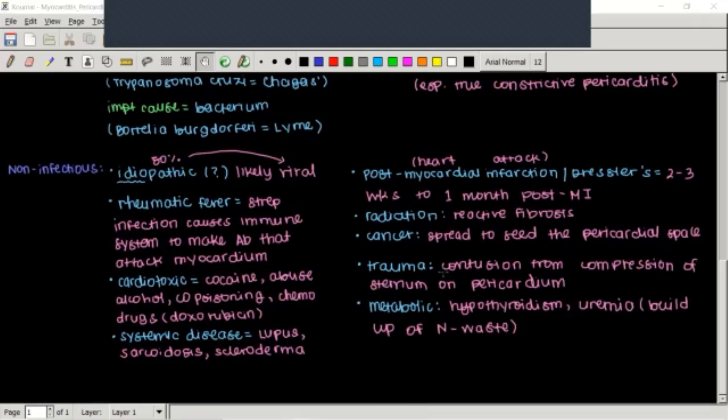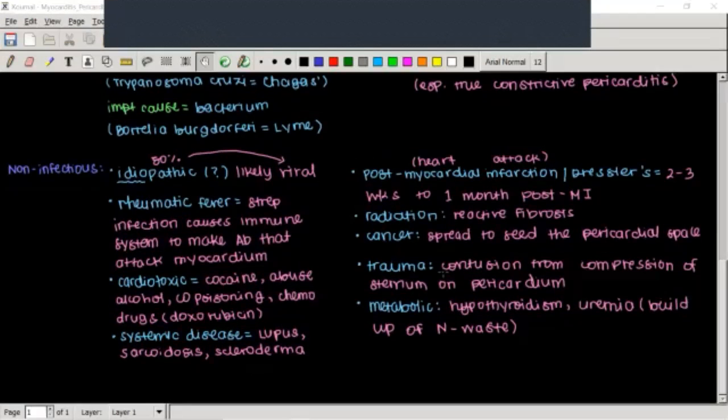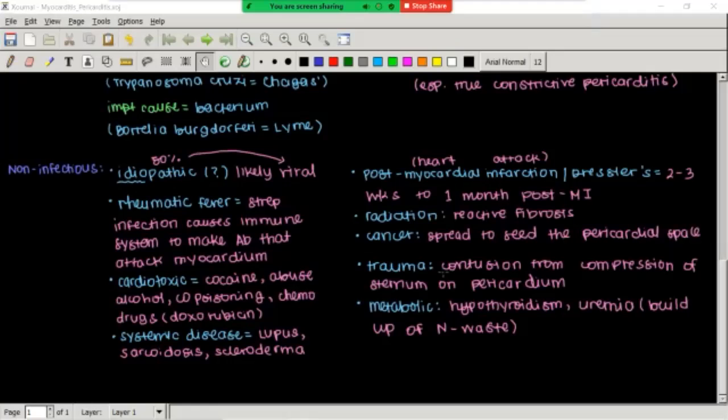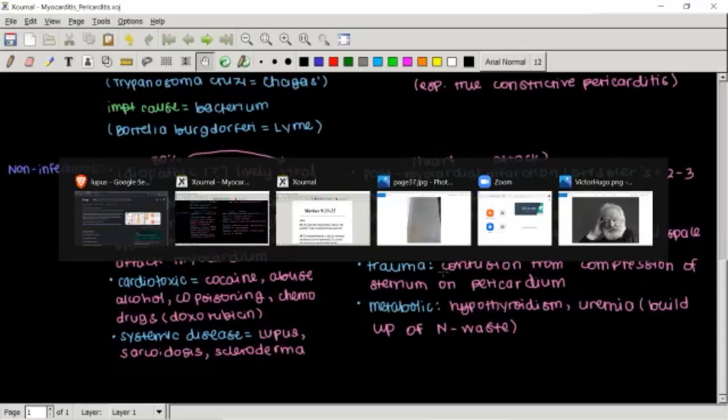Also have systemic diseases like lupus, sarcoidosis, and scleroderma. Scleroderma is when you have too much collagen in your derma, which is skin. So lupus is an autoimmune disease that attacks the cells in your immune system.